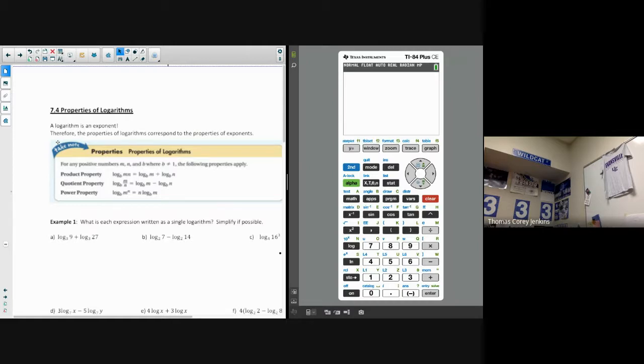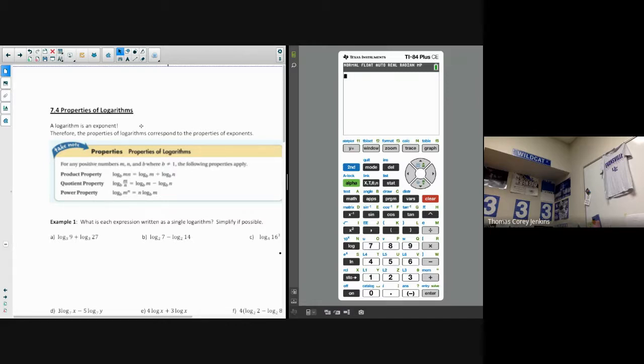So this is about properties of logarithms, and one fundamental thing to remember is that a logarithm is just an exponent, right? The answer to a simplified logarithm is just the exponent. So we basically end up using the properties of exponents.